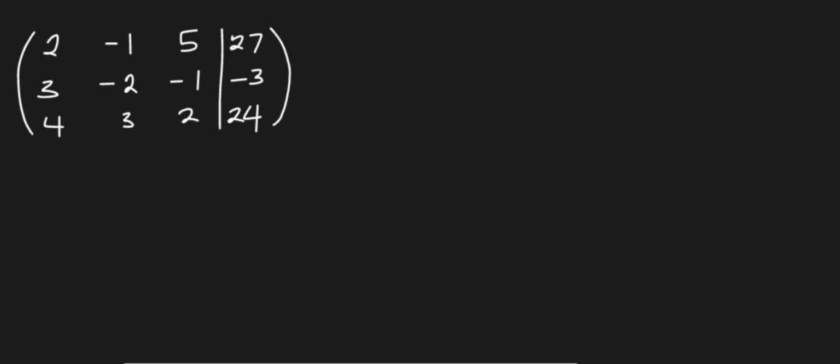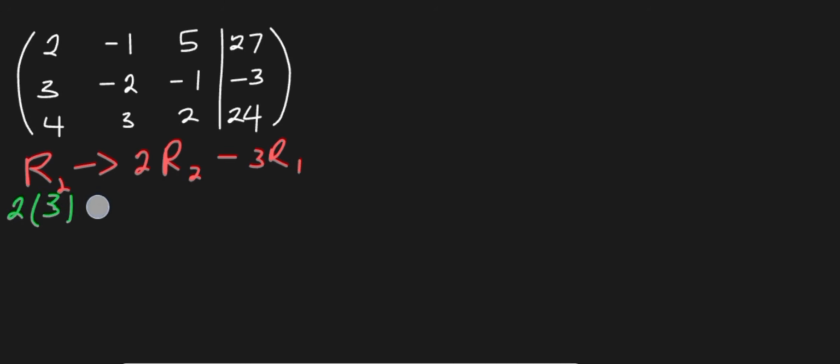The first operation will be carried out on row 2, R2 for row 2, and that would be to multiply row 2 by 2 while subtracting thrice of row 1 from it. For the first entry in row 2, it is 2 times 3 minus 3 times 2.